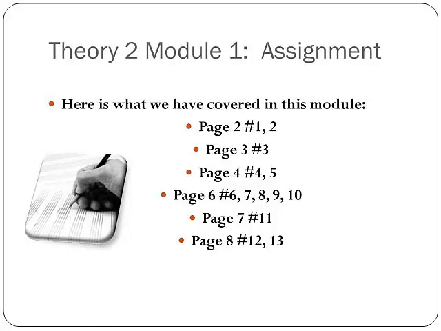If you could complete page 2, number 1 and number 2, page 3, number 3, page 4, number 4 and number 5, page 6, number 6, 7, 8, 9, and 10, page 7, number 11, and page 8, number 12, and number 13.